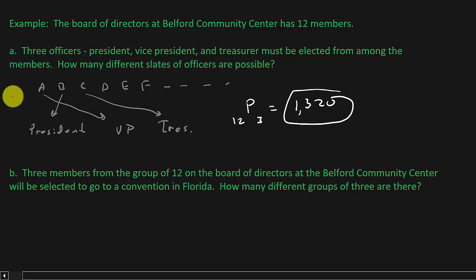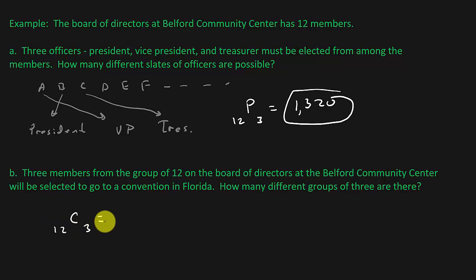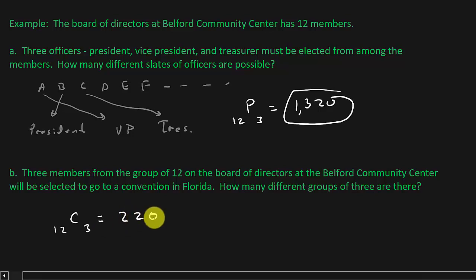The order made no difference. So that's a combination of 12, choose 3. And let's look at the difference we get in the number. Combination 12, choose 3. Plug that into our calculator. So there's only 220. The combination gets those duplicates out.